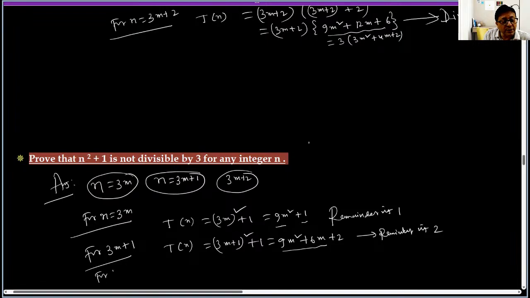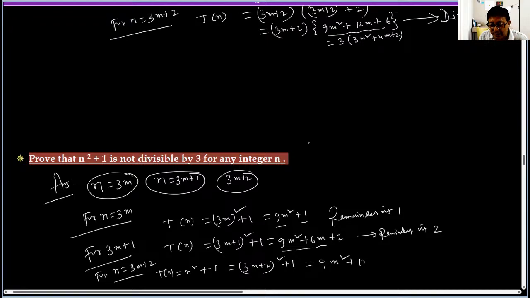And for n equal to 3m plus 2, what is happening there? You find n square plus 1 is going to be 3m plus 2 whole square plus 1, nothing but 9m square plus 12m plus 4 plus 1, that is 5.